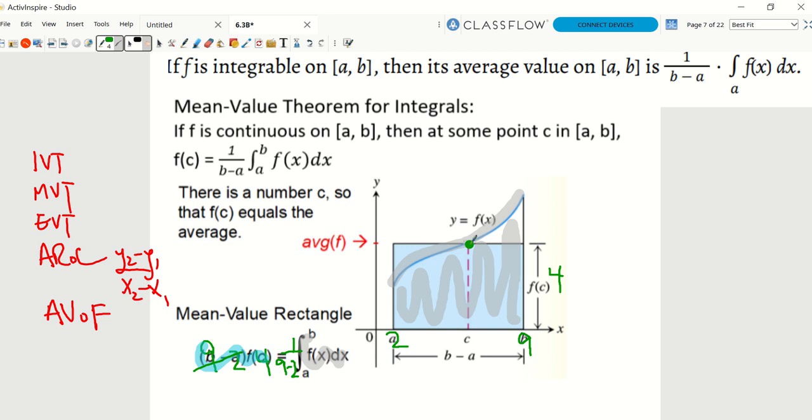Okay, this y coordinate is the average value of the function. The y coordinate of the point of intersection between rectangle and function is the average value of the function. Okay, so this would be the y coordinate, which in this case would be 4. Okay, does that make sense, folks?